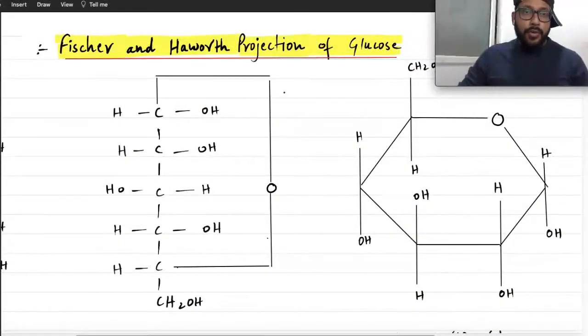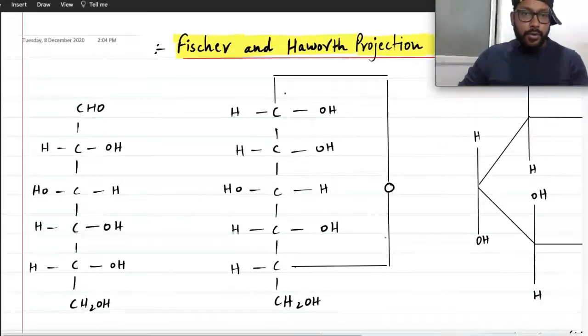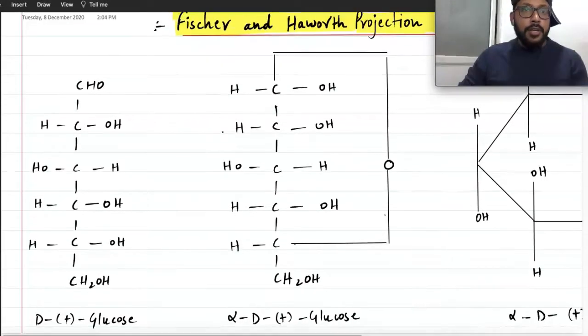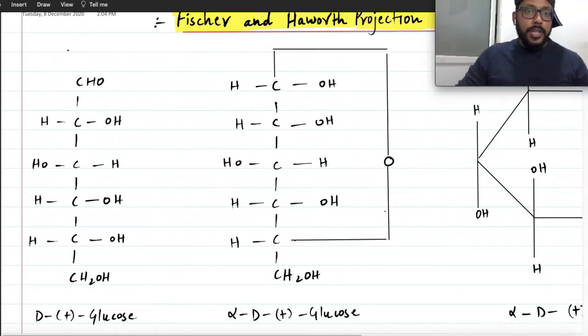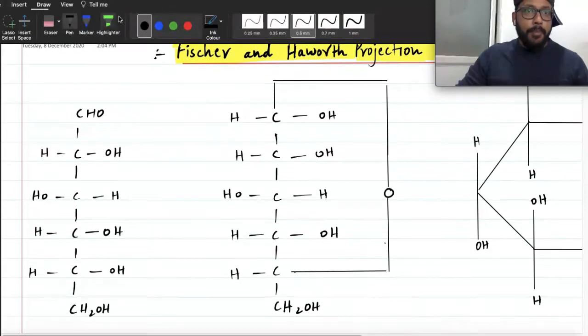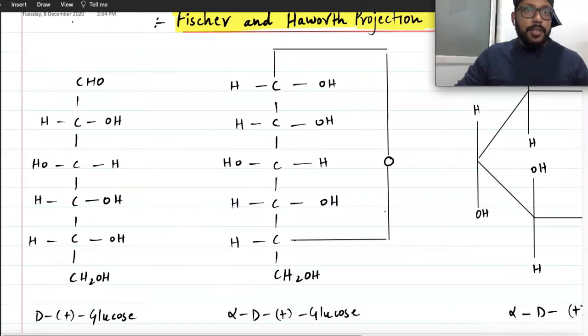In today's class we are going to discuss the Fischer and Haworth projection of glucose. We have three structures here. This is your open chain structure of glucose, having 6 carbon atoms. In this open chain structure, this is called pentahydroxyaldehyde.